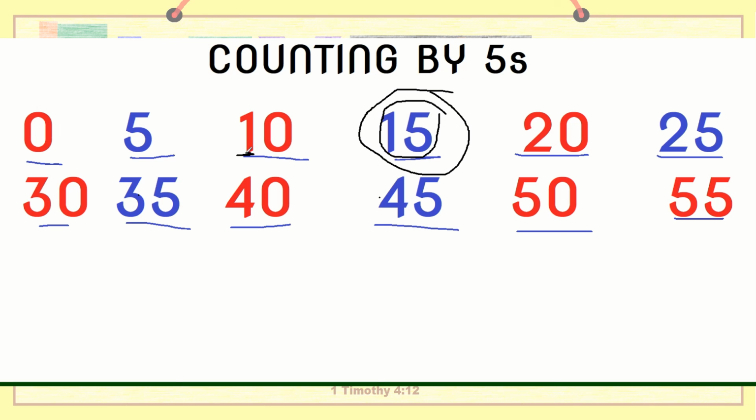So we have that 10, and then we have the 15. Now over here we're in the twenties. So we have the 20 and the 25. So when we're in our 10s, we have the 10 and the 15. And when we're in our 20s, we have the 20 and the 25. And when we're in our 30s, we have the 30 and the 35. So never forget this 15.